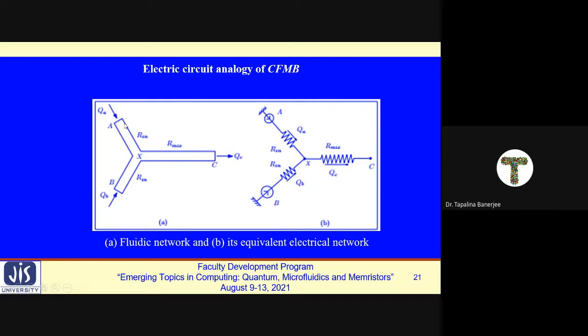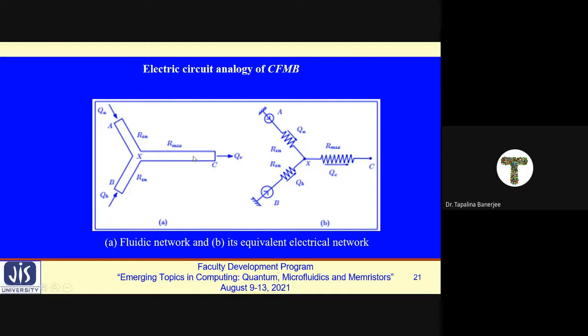So AX and BX are source inlet arms, and we are considering that these are of the same dimensions. Now, this XC is the mixer part.